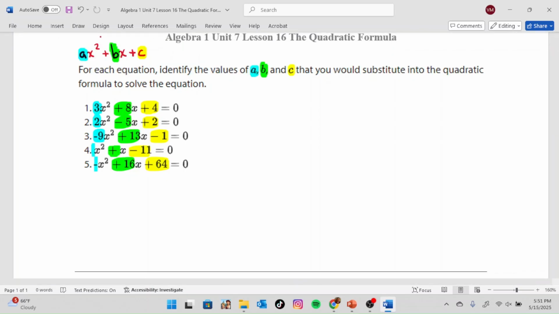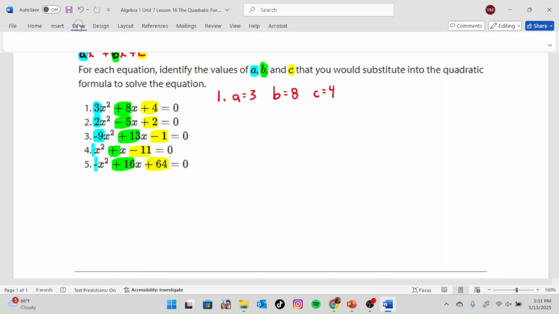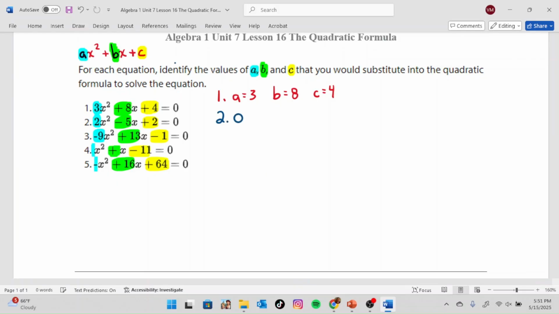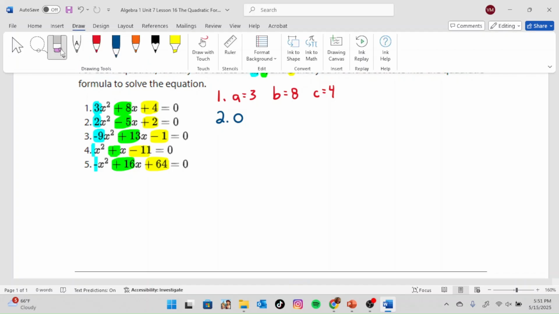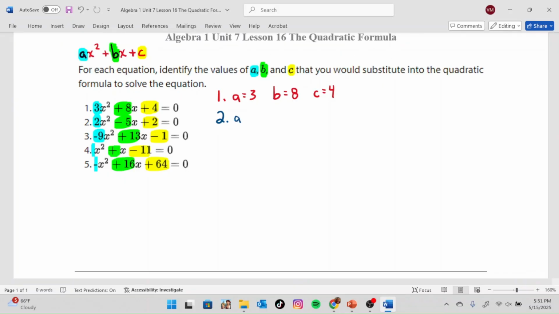So again, for number 1, we would say that A equals 3, B equals 8, and C equals 4. On number 2, we would say that A equals 2.